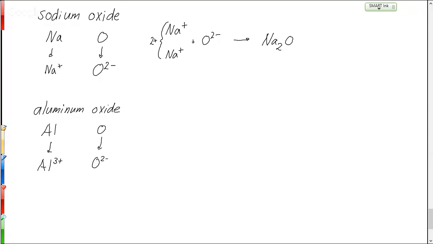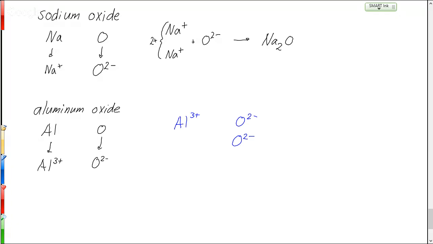So we're going to figure out how those subscripts go. But this one gets a little tricky, because if you have, let's count them out here. If we have 1 aluminum and 1 oxide, they don't balance, right? 3 plus, 2 minus, so we got 1 plus left over. So we add another oxygen, or another oxide.